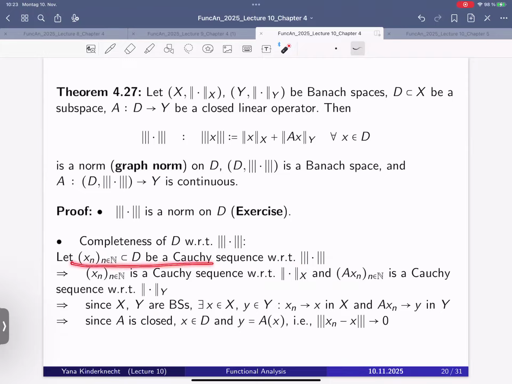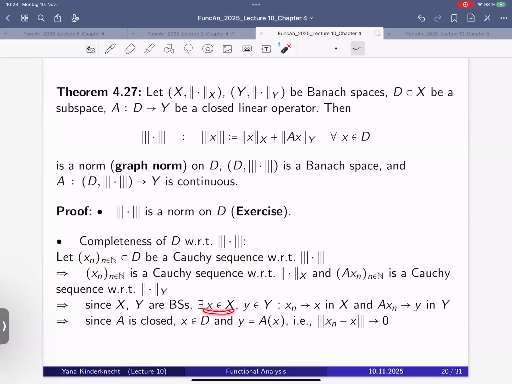So let Xn be a Cauchy sequence with respect to the graph norm. Due to these definitions, this means that Xn is a Cauchy sequence with respect to the norm in X, and A of Xn is a Cauchy sequence with respect to the norm in Y, due to this identity. But since X and Y are Banach spaces, there exist limits for each Cauchy sequence.